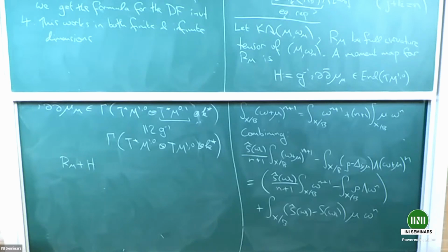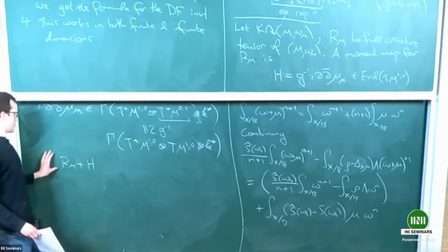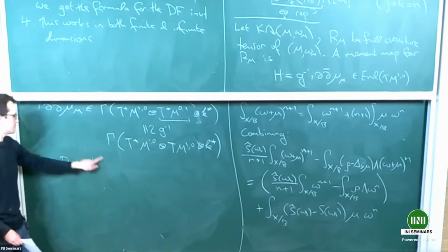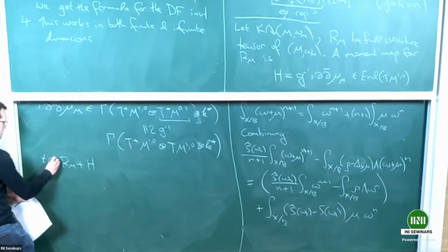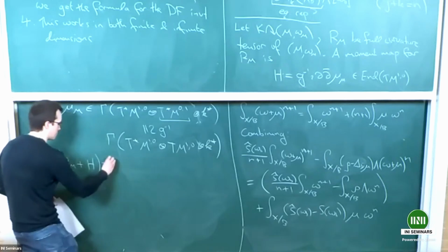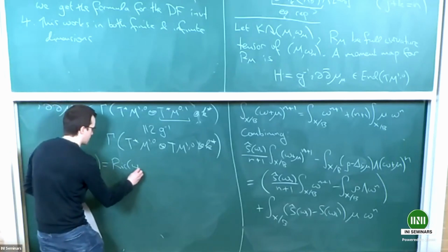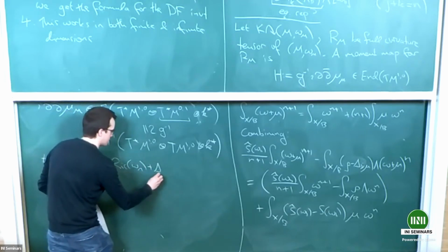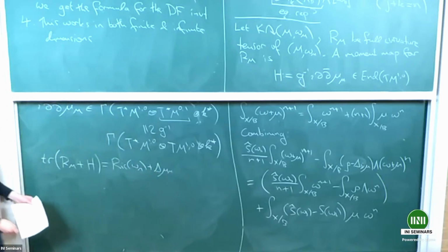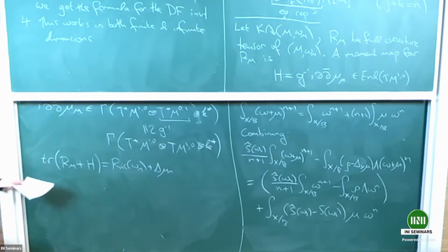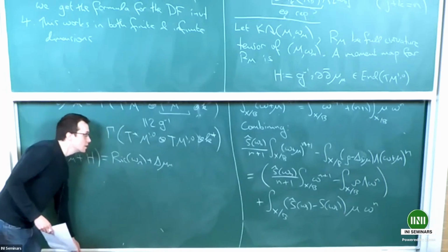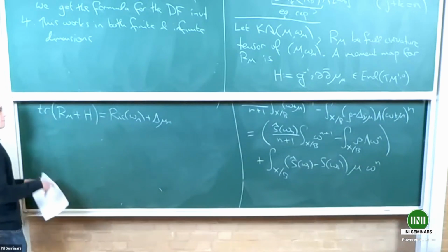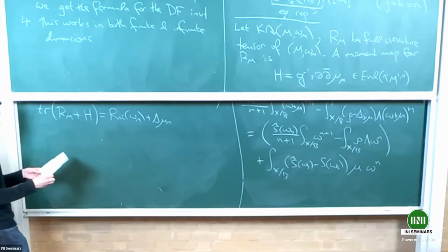Okay. So if we take the trace of this End(TM)-valued form, we get exactly what we had before. We get Ricci of ω_M plus Laplacian of μ_M. So you can think of this as a vector-bundle-valued generalization of the fact that this is an equivariant form. But what we can do with this is get equivariant representatives of Chern characters.